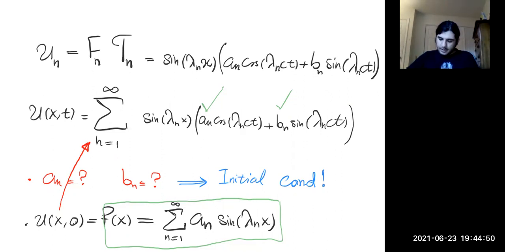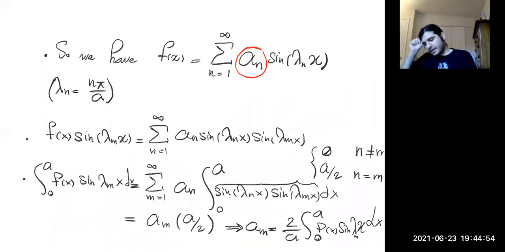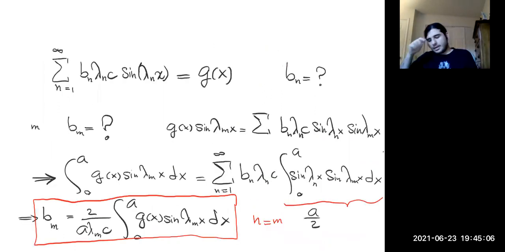Let's look at them one more time to make sure it's clear. This was a_m for every m, the integral of f(x) times sine of lambda_m x. And this was b_m, a constant times the integral of g(x) sine of lambda_m x.